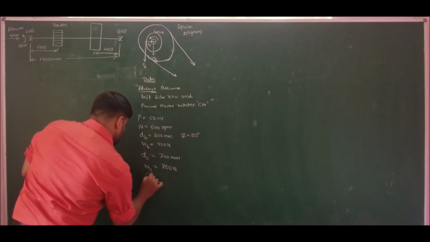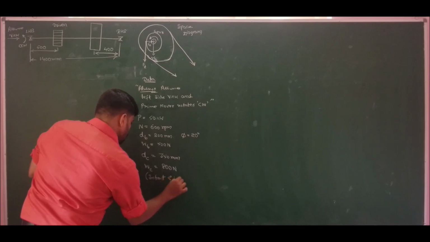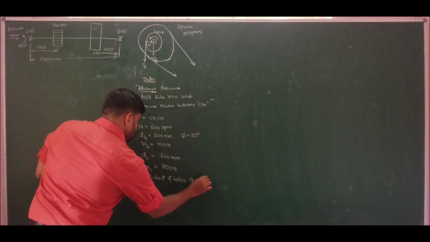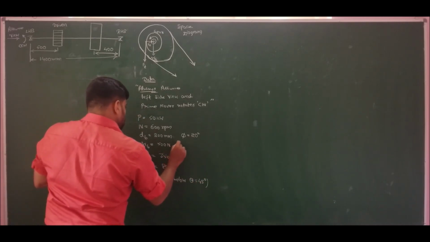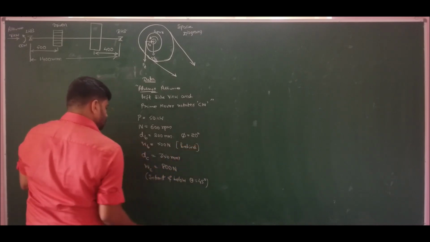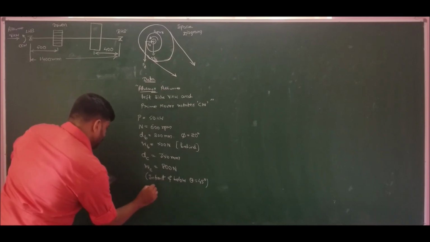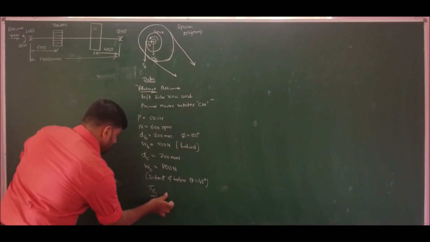So this is in front and below with theta equal to 45 degrees. So this is behind. The ratio of belt tensions, that is TC1 by TC2, is 3.